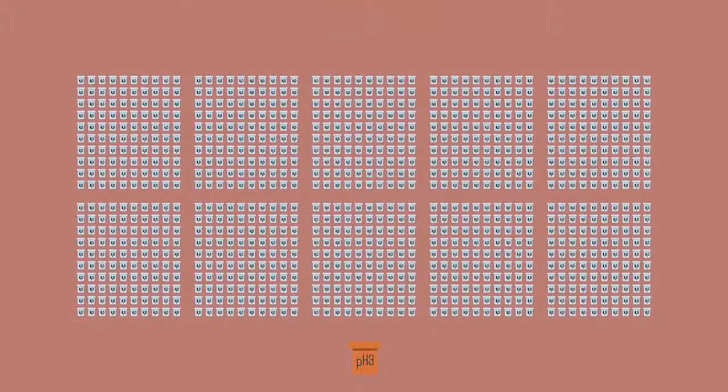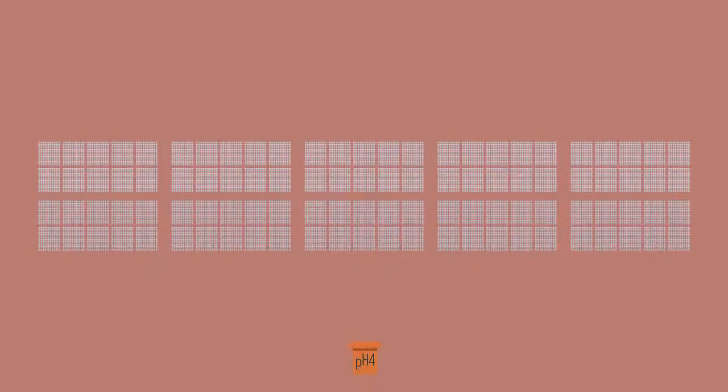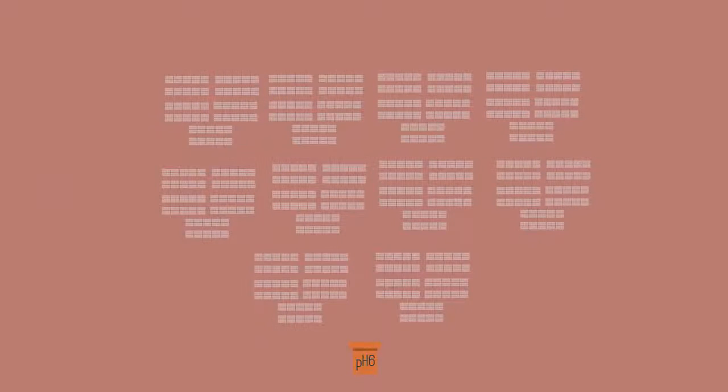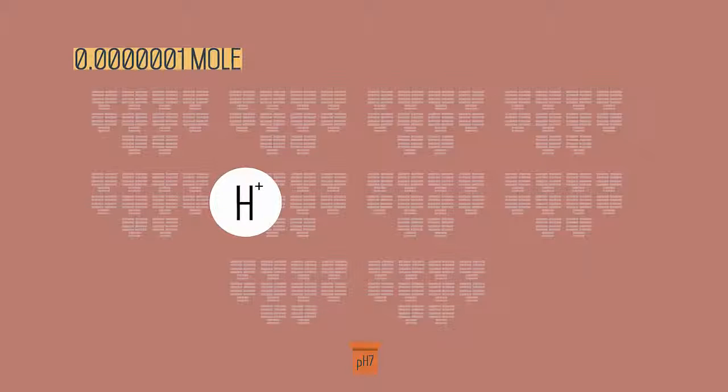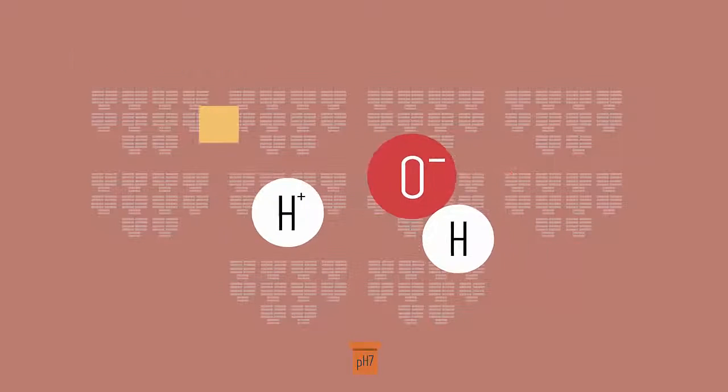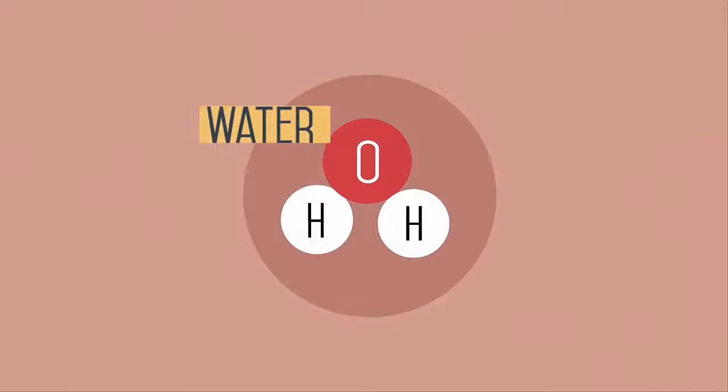Each increase of 1 unit of pH is a 10-fold reduction in hydrogen ion concentration. So when you reach pH 7, there are only 10 to the power -7, or 0.0000001 mole of hydrogen ions per liter. Here there are also an equal number of hydroxyl ions, and we have arrived at pure neutral water.